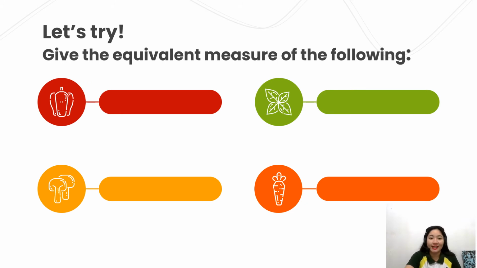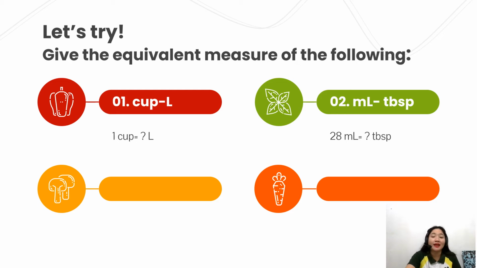So let's try, class. Give the equivalent measure of the following. The first one, we have cup to liters. How many liters are there in 1 cup? Number 2, how many tablespoons are there in 28 ml? Number 3, we have ounces to grams.